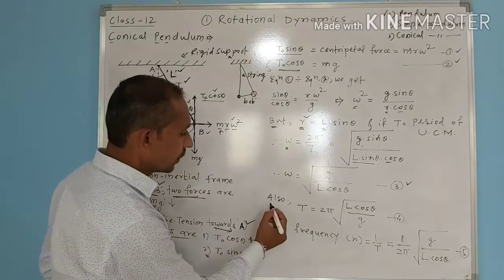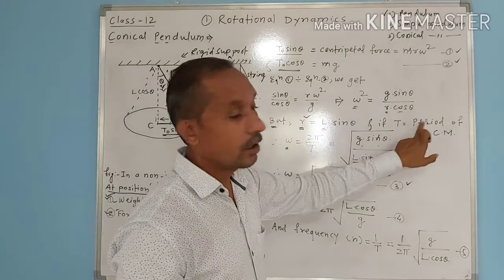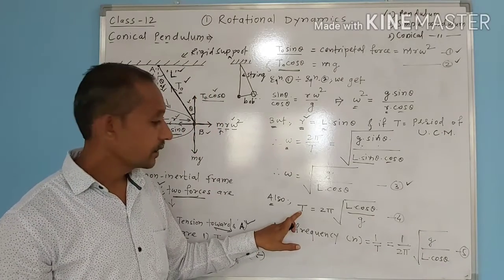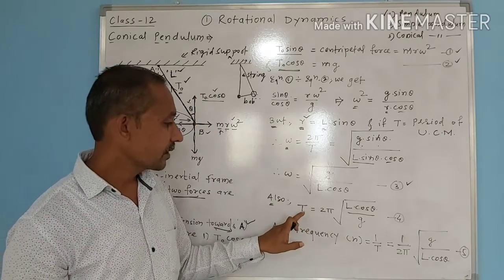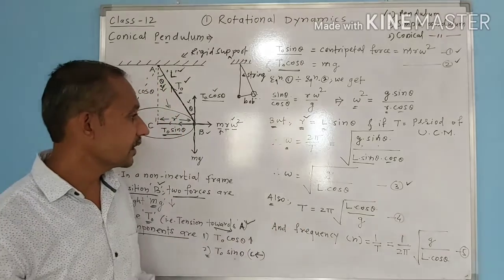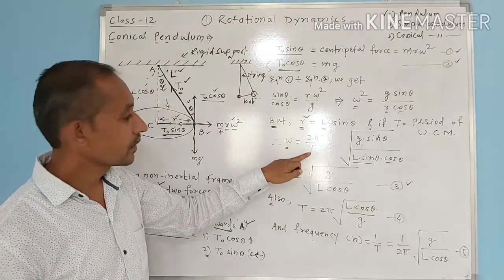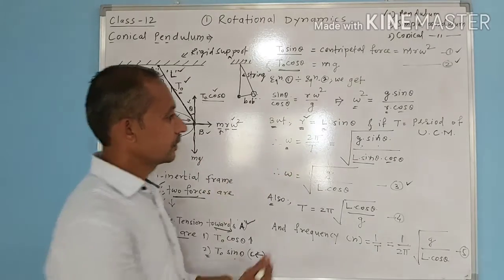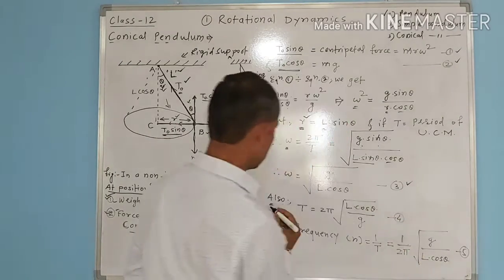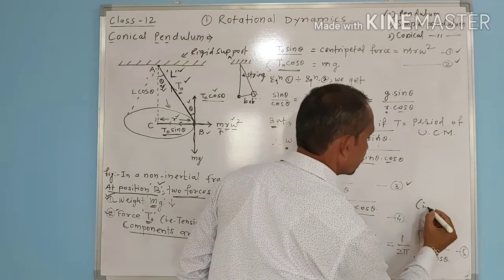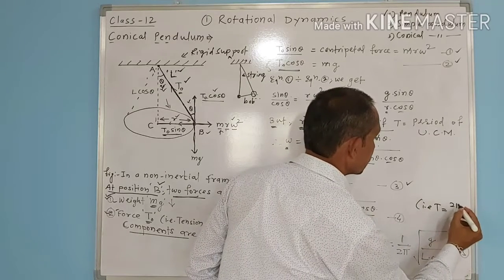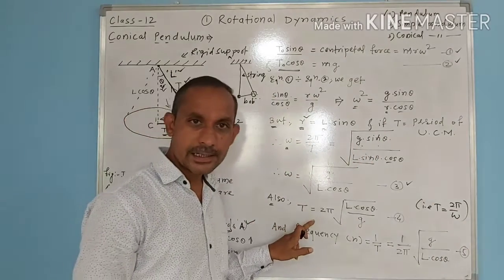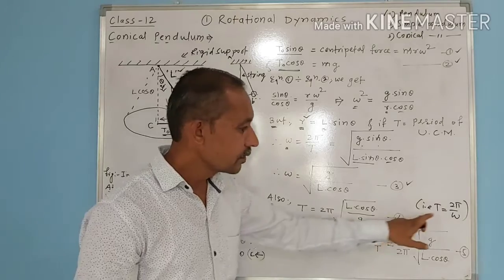Then next, we know the periodic time or period of uniform circular motion. It is T, capital T. It is always equal to T is equal to twice pi upon omega. So while deciding the relation for the periodic time, use this relation.